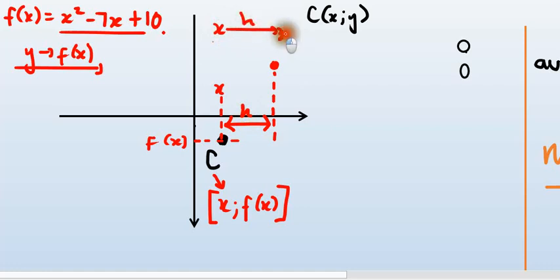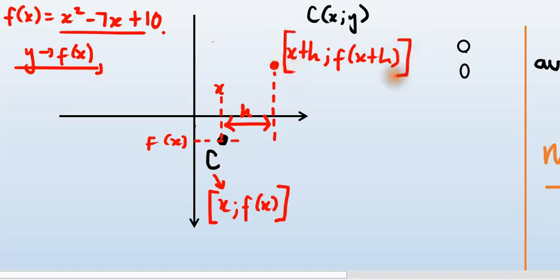Definitely the new x will be called x plus h. So I'm going to say this point has point x plus h is to f of x plus h. Now if you don't understand these notations that we're using, then you need to check out videos on functions and we can work it out.